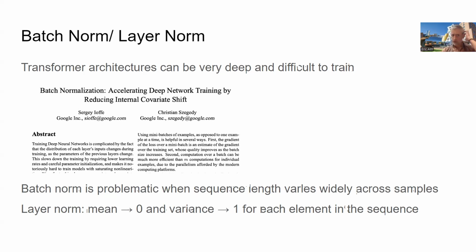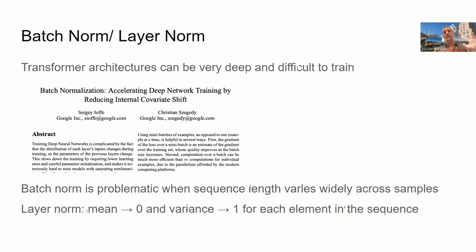In a transformer, basically what we do is set the mean to 0 and the variance to 1, let's say for each particular feature in our input.